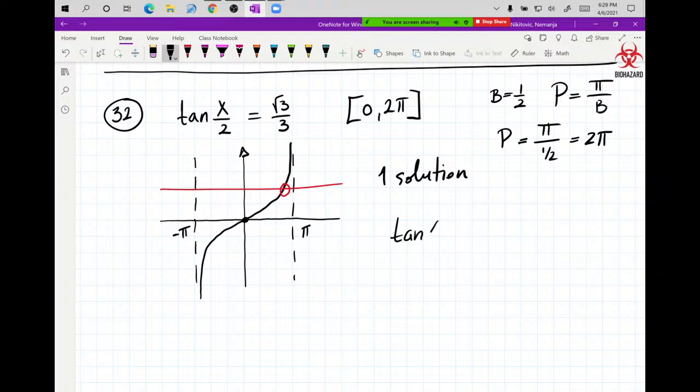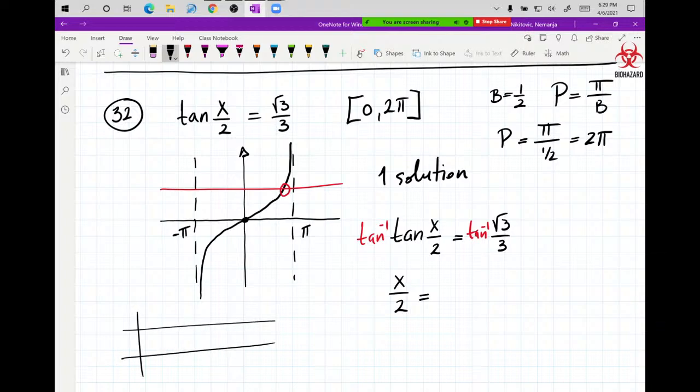Again, you can use inverse tangent if that's going to help you to get through this first part, because you are getting x over 2 is equal to, and now you need to know what inverse tangent of root 3 over 3 is. Now, you maybe know that, maybe you don't, but again, it's the same chart over and over again, so maybe one day you sit and learn it if you don't know.